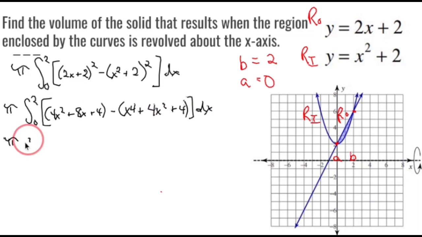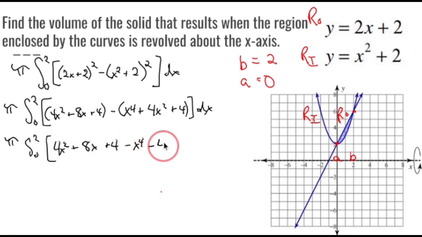Still not even close to being done yet. I've got, what's it called, distributing the negatives. So I can drop these parentheses: 4x squared plus 8x plus 4 minus x to the 4th minus 4x squared, which is good news, and you'll see why. And more good news, so I take it all back. This wasn't so bad at all. Minus 4, close it, dx.